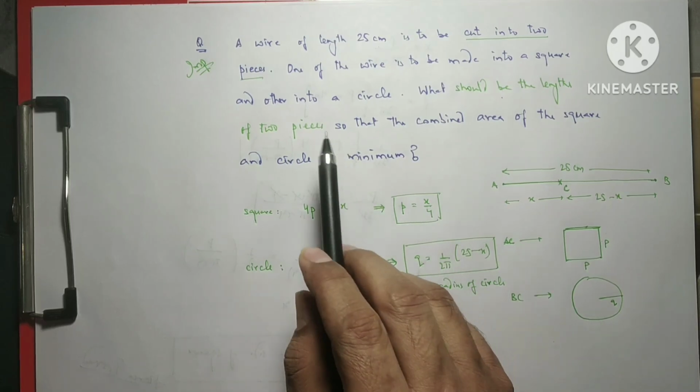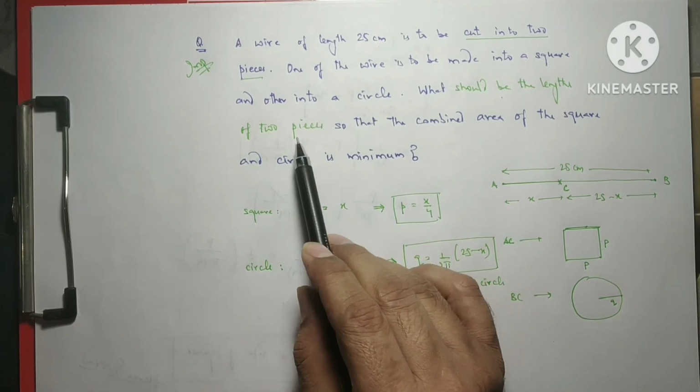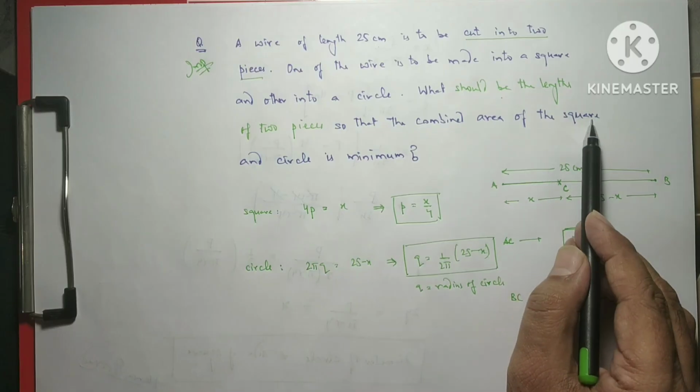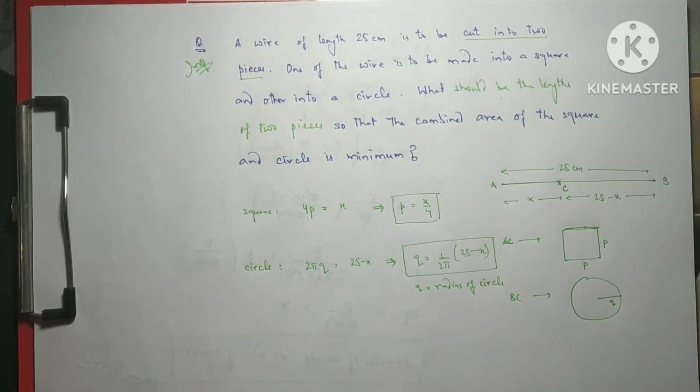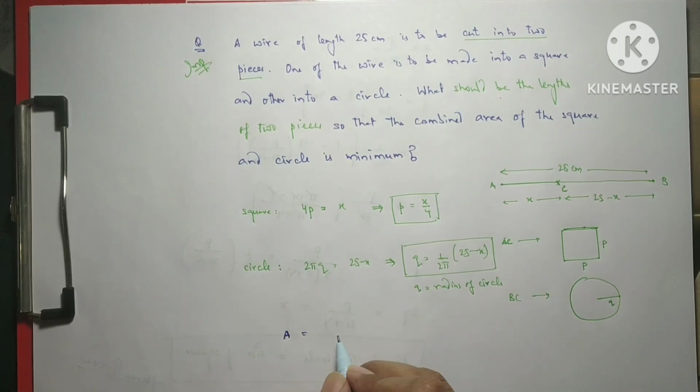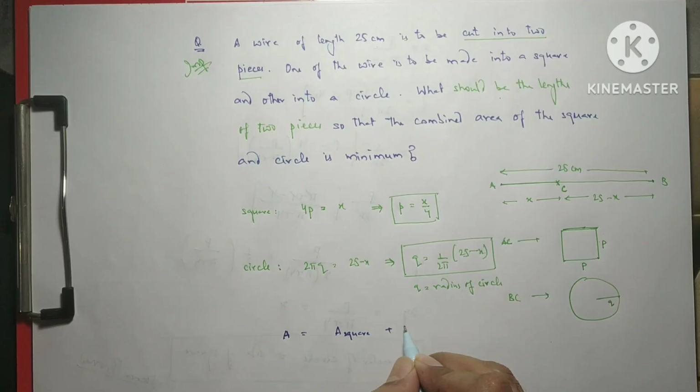So our condition is the combined area of the square and circle. The combined area is the area of the square plus the area of the circle.